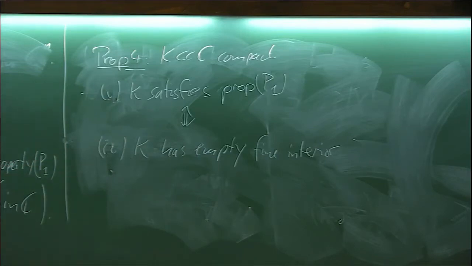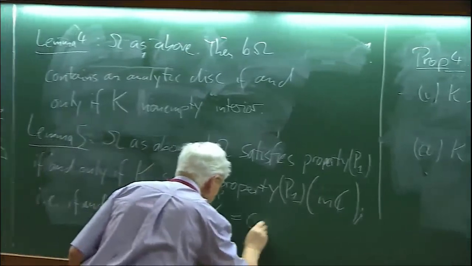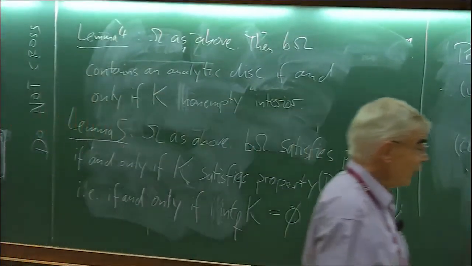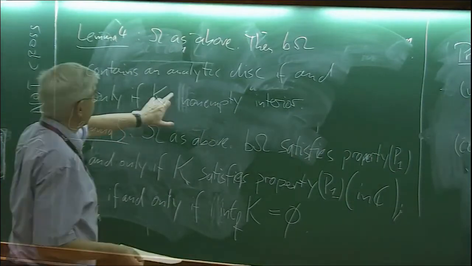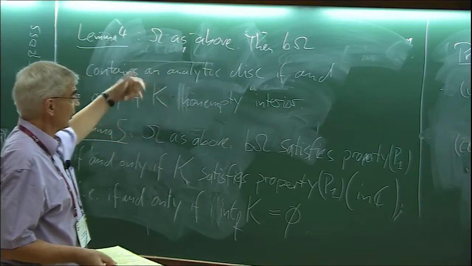So, i.e. here, if and only if the fine interior, which I indicate with a subscript F, the fine interior of K is the empty set. So then we could have phrased lemma 4 sort of as the contrapositive.